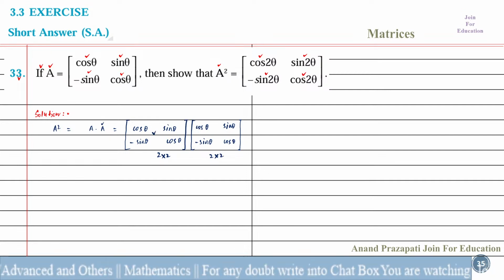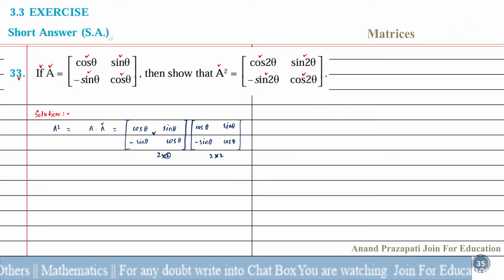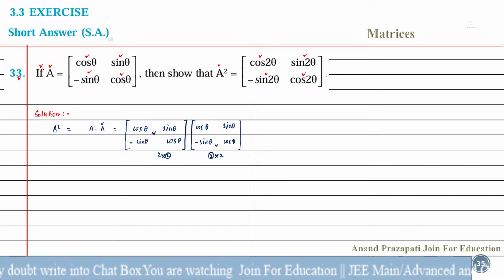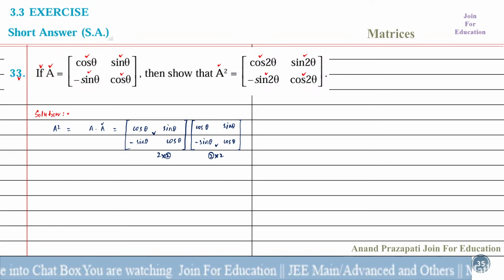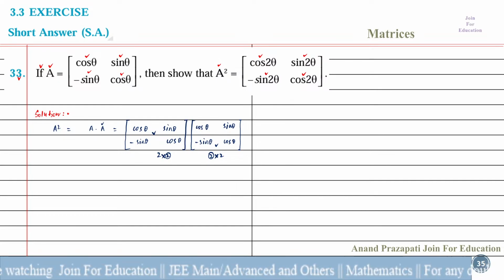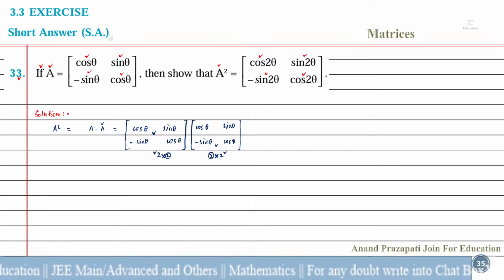Column of this matrix which is 2 equal to the row of this matrix which is also 2. Therefore these two matrices are confirmed for multiplication, and order of A square will be 2 by 2.